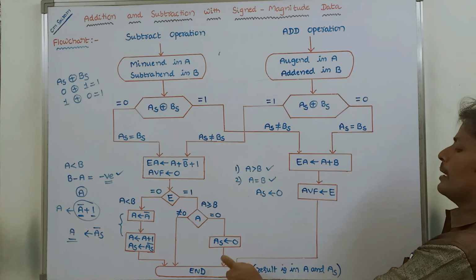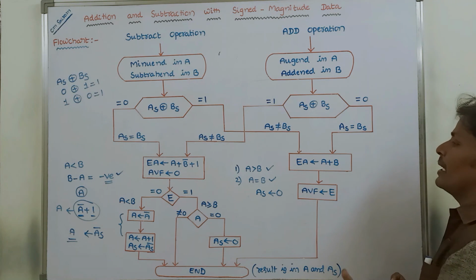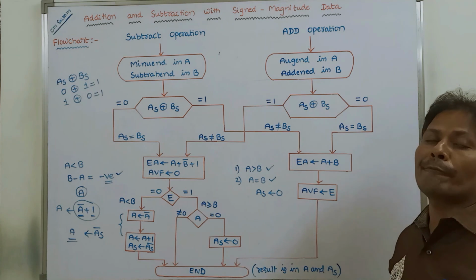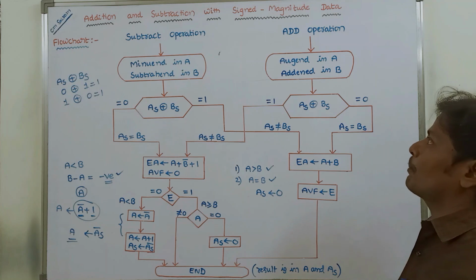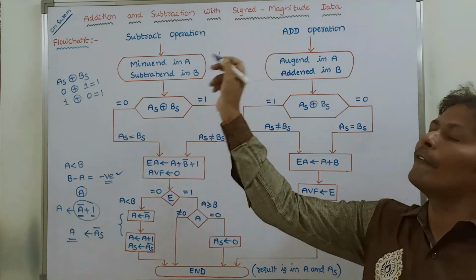Finally, the result is stored in register A and its sign bit is AS. In this way, we perform addition and subtraction with sign magnitude data using this flowchart.